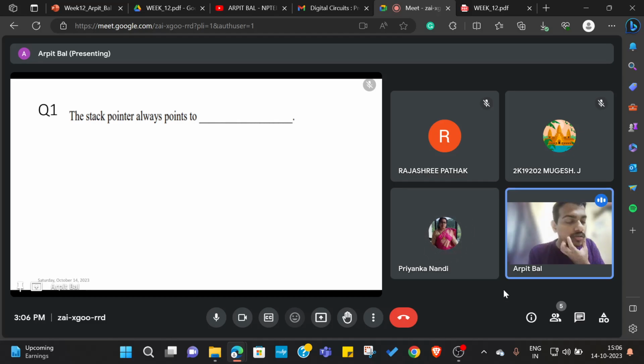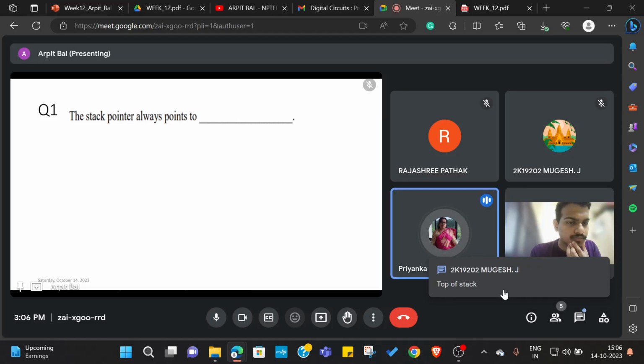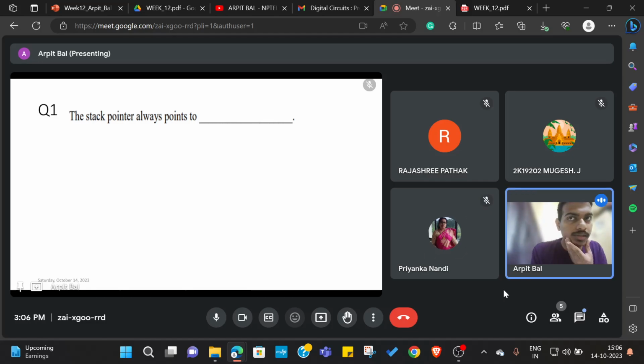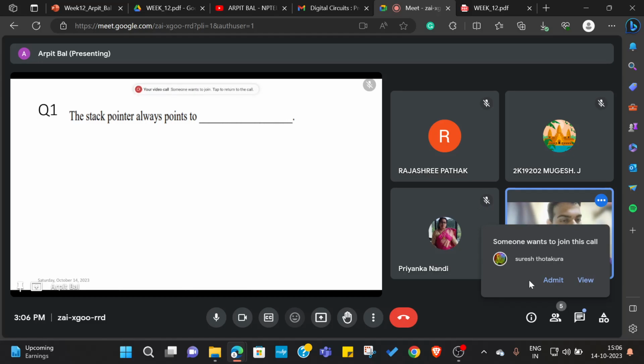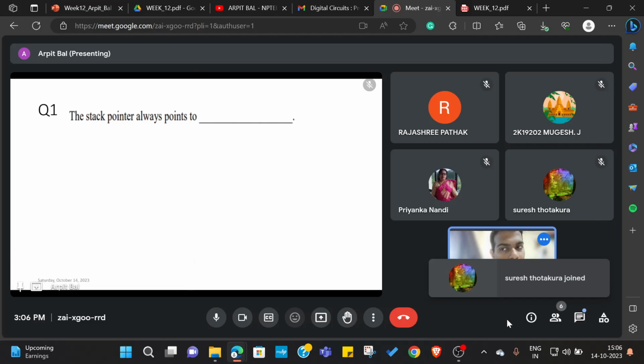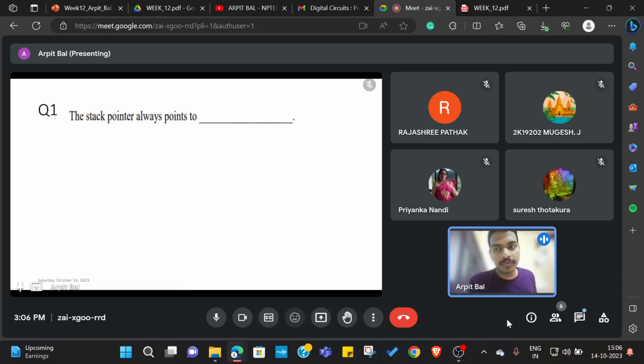Okay, can you be a bit more generic? If I'm defining LXI SP FFFF, then it will point to the FFFE location. Okay, yeah, so it is actually pointing at the top of the stack, right? Because it is mentioned that it always points to which location, it is actually the top of the stack. So yeah, it points to the top of the stack.